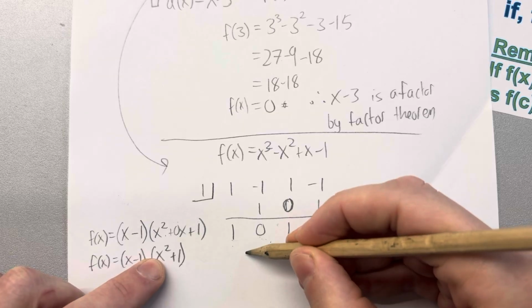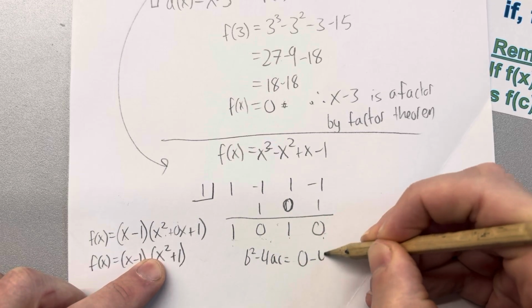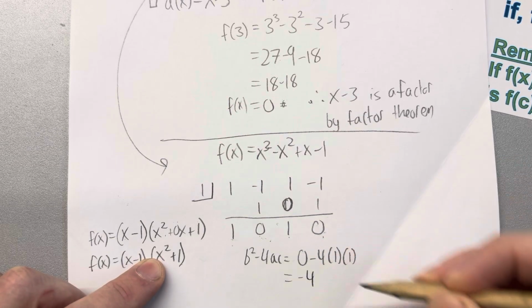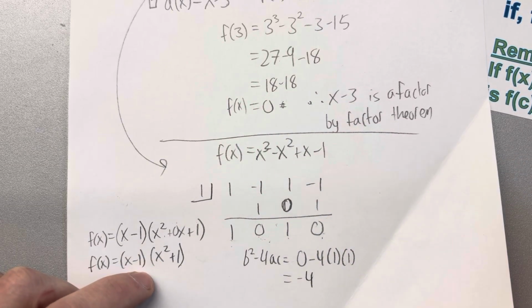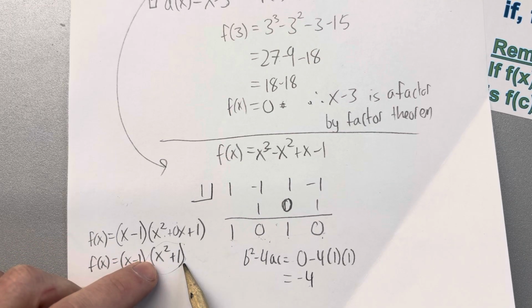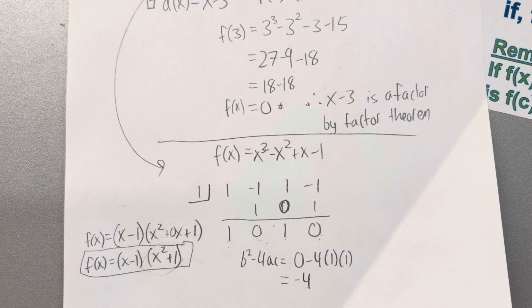So if we look at the discriminant, b squared minus 4ac, 0 minus 4 times 1 times 1, the discriminant is negative 4. And if you remember from algebra 1 and algebra 2, a negative discriminant means this has no real solutions. It has 2 non-real solutions. So for our purposes, if we're factoring over the real numbers, that's our final factored answer.